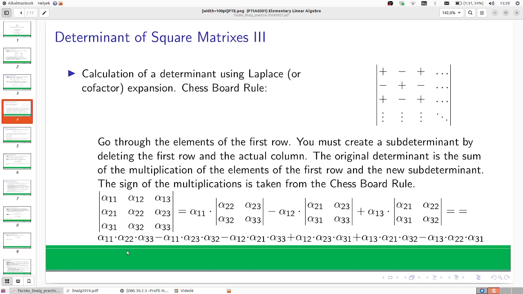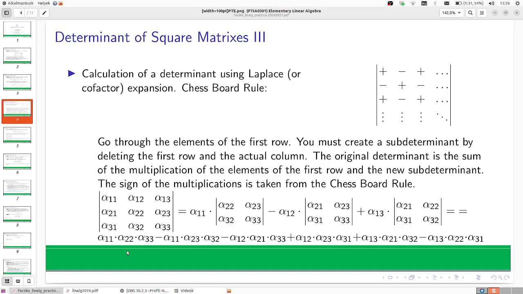Why don't I continue? Because these constants are something 0 times something, which is 0. According to you, that's minus and that's plus. So I have to calculate only 2 determinants.